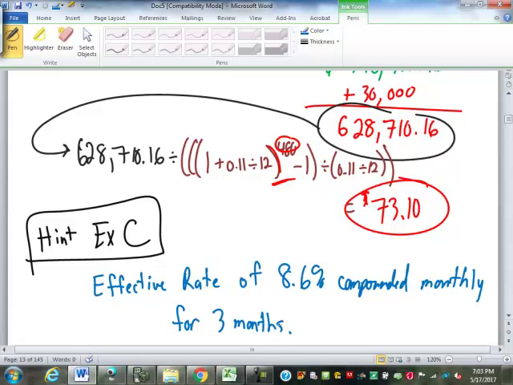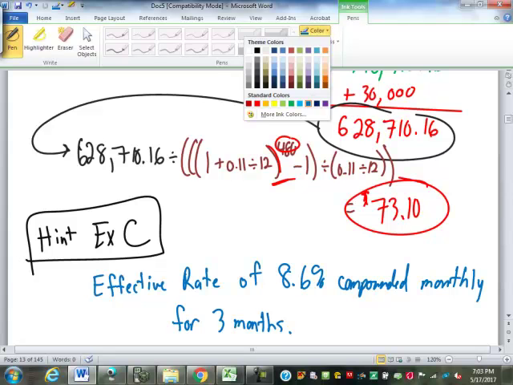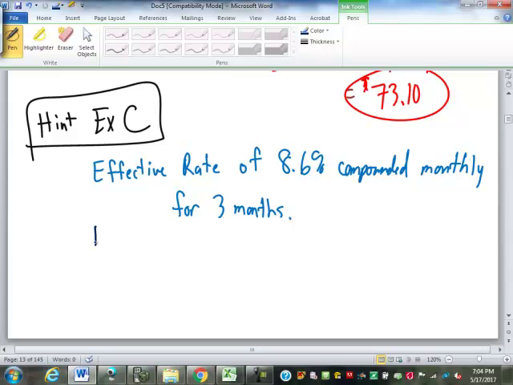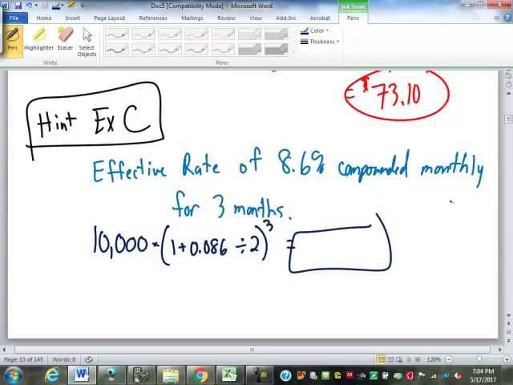So you need to find the effective rate of that 8.6% compounded monthly for 3 months. So I use $10,000 for effective rate. So that's going to be times 1 plus 0.086 divided by 12 because it's monthly, but only to the power of 3 because it's 3 months. You'll find that amount, and that's what you're going to use for your effective rate calculation.